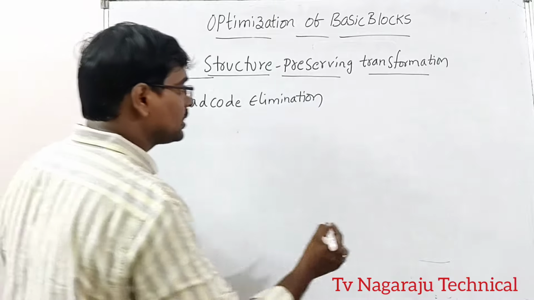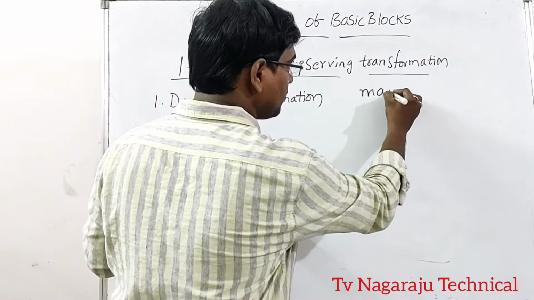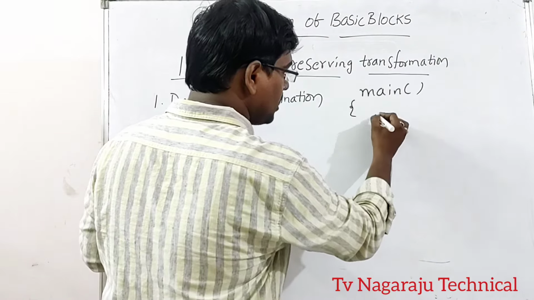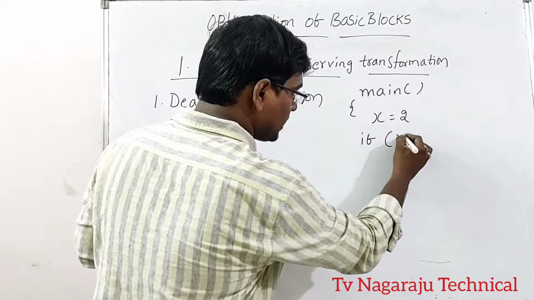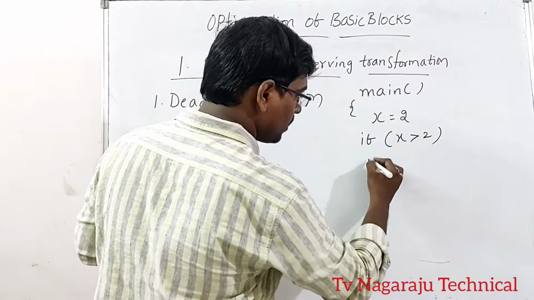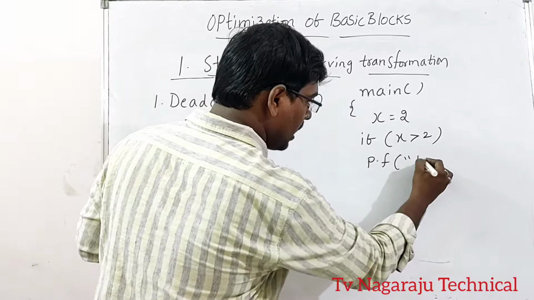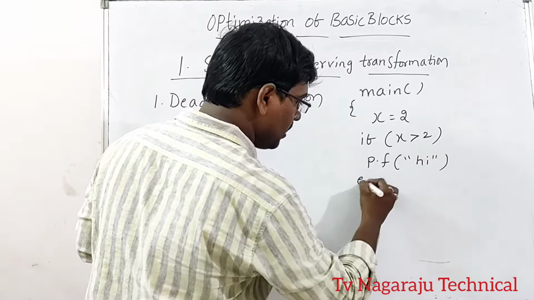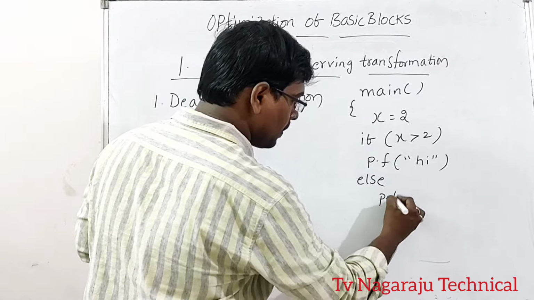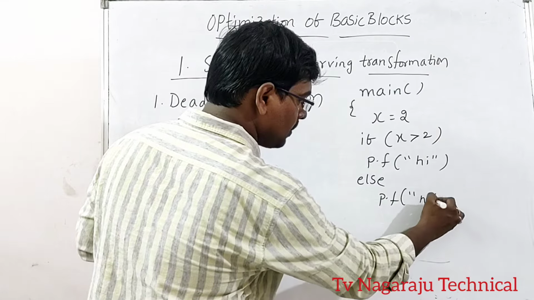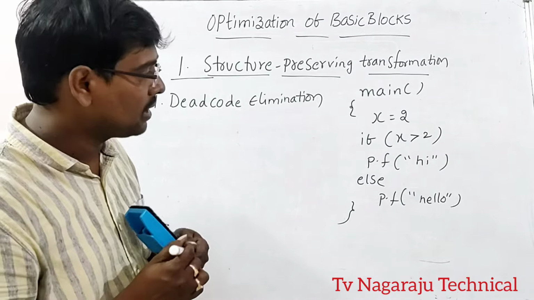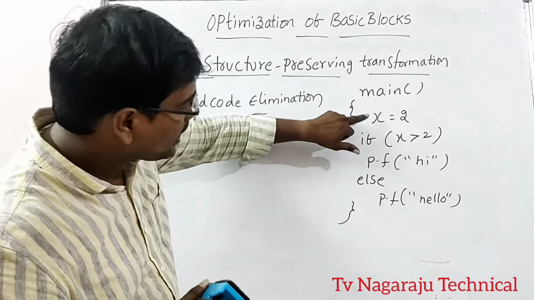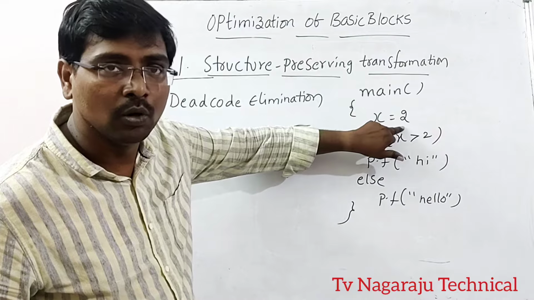I will give you one example. main, x is equal to 2. If x greater than 2, printf, I am printing some message hi, else printf, print some message hello. Now observe this program clearly. Initially I assigned x value equal to 2.